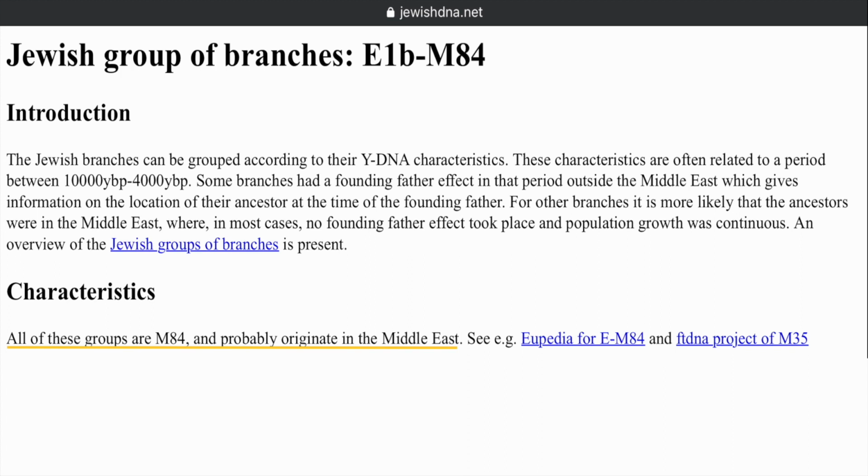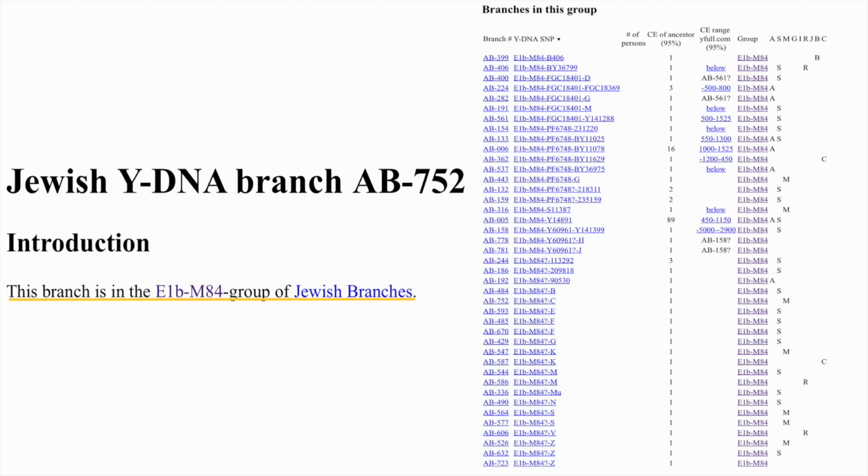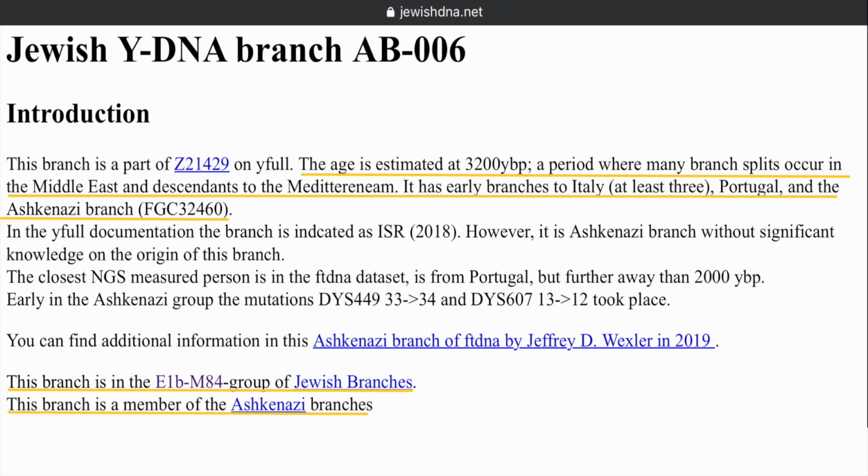According to JewishDNA.net, all of these groups are M84 and probably originated in the Middle East. This branch is in the E1B-M84 group of Jewish branches. Let's actually read some of these branches. This age is estimated at 3,200 years before present, a period where many branch splits occur in the Middle East and descendants to the Mediterranean.